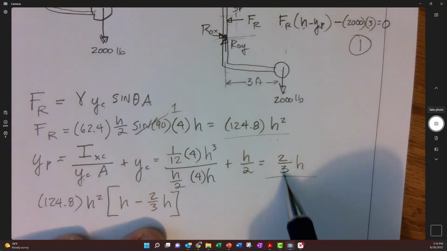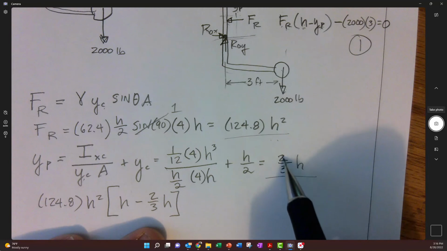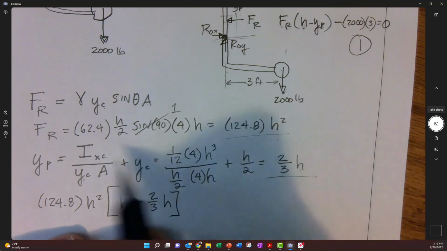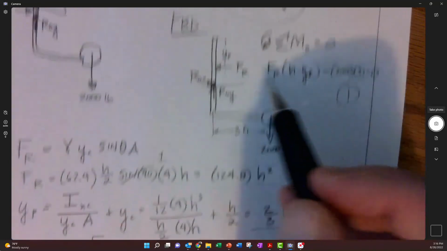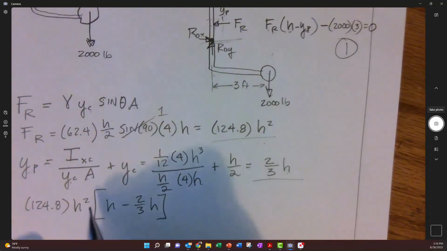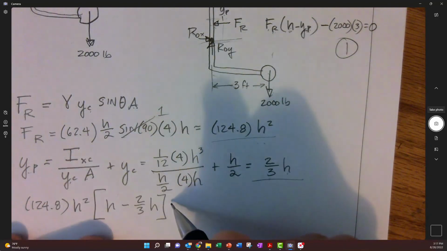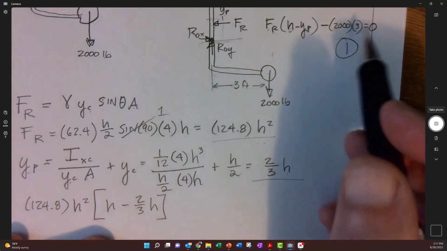We would have known that it was going to be 1/3 from the bottom or 2/3 from the top, so that's what we've confirmed right here. We could have told that from observation, but we're just demonstrating that we're using the equation.